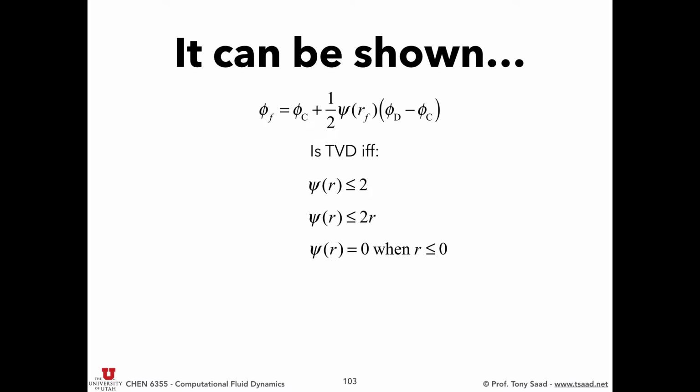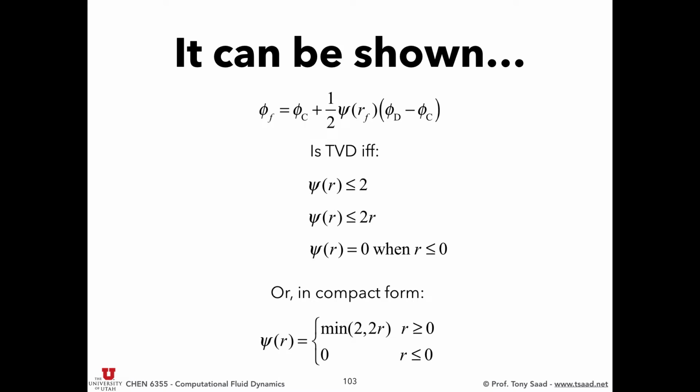And one more thing, when r is less than or equal to 0, we switch to upwind, essentially. If you satisfy these three conditions, this scheme shown above is total variation diminishing. And we know that if a scheme is total variation diminishing, then it's going to preserve monotonicity. That's what we want. Okay?